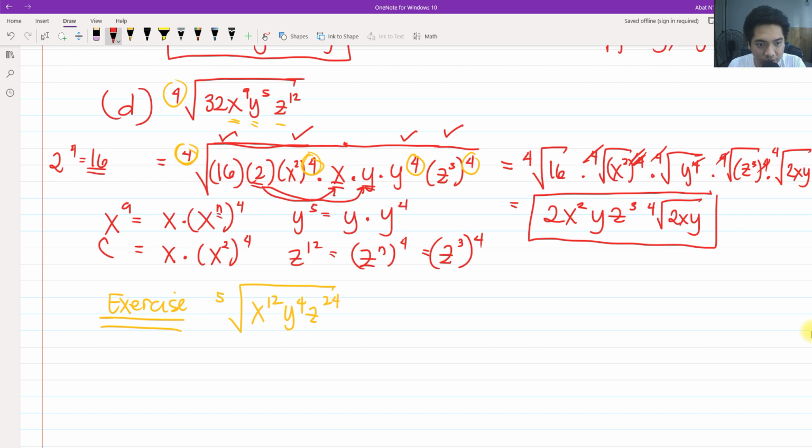And the answer here should be x squared, z raised to 4, times the fifth root of x squared, y raised to 4, z raised to 4. Notice how all of the exponents in the final answer are less than the index. So that's an exercise for you guys.